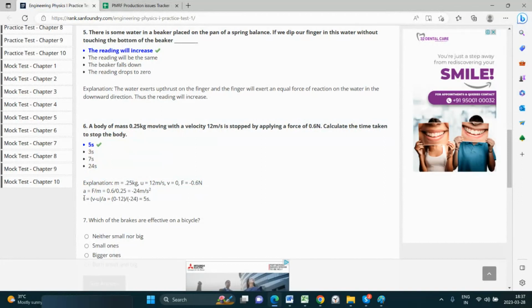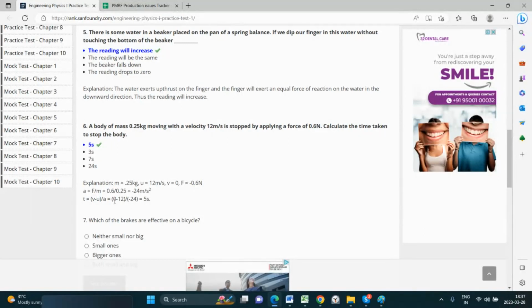They are asking how much time is taken. Time taken is v minus u by a. The value of a is here, the value of u is here. Apply that and find the value. It is just a mathematical formula.